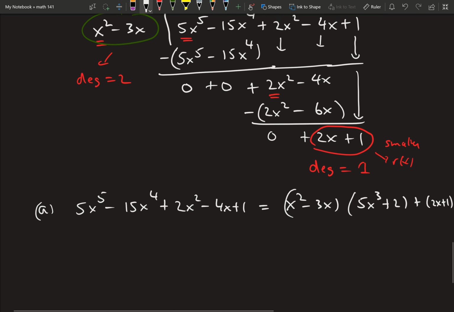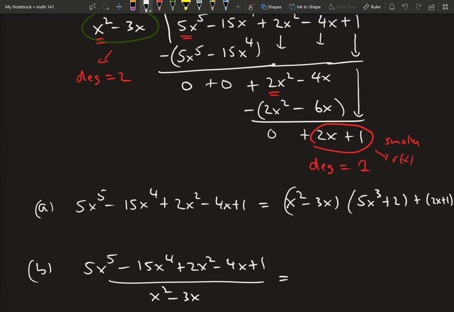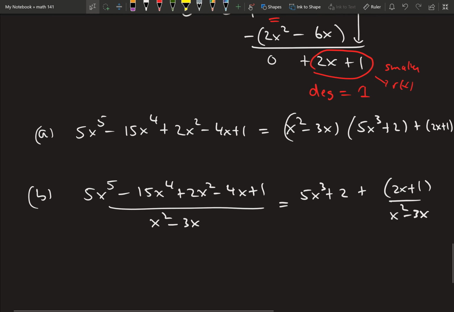Okay, that's version A. Or you can write it with the division going on, where you divide both sides from A by d of x. So you divide by the x squared minus 3x, and this is equal to 5x cubed plus 2 plus 2x plus 1 divided by x squared minus 3x. So both of these are correct forms of the division algorithm. You can write either one down or both.